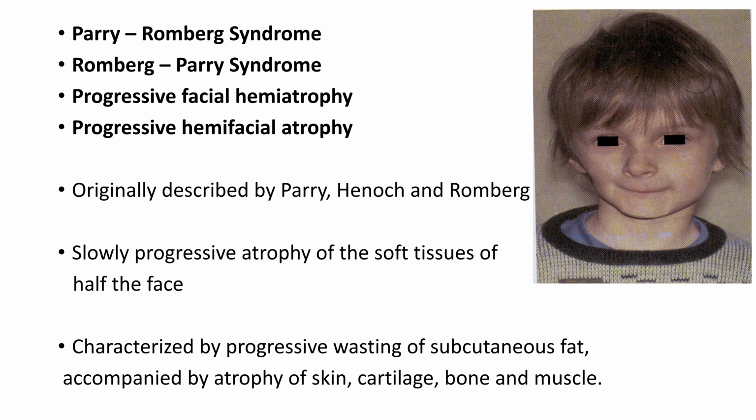This is a young girl having right side atrophy, or right side facial hemiatrophy. This is characterized by progressive wasting of subcutaneous fat accompanied by atrophy of skin, cartilage, bone and muscle tissue.